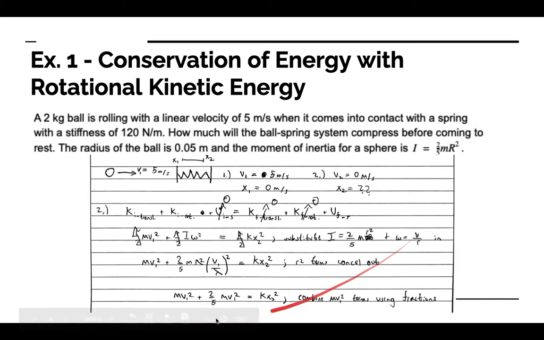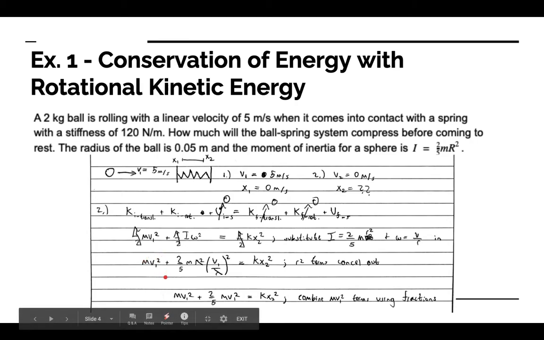As a result, we're going to have mv1 squared plus 2/5 mr squared, the moment of inertia that we replaced I with, times v1 over r squared, because we replaced omega with v1 over r. And this is all going to be equal to k times x2 squared.